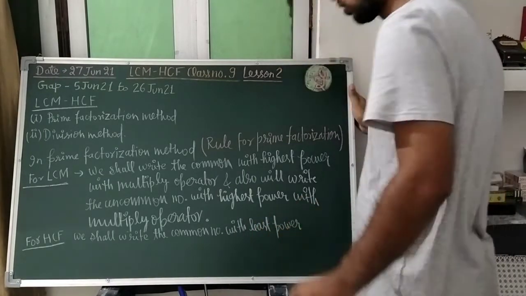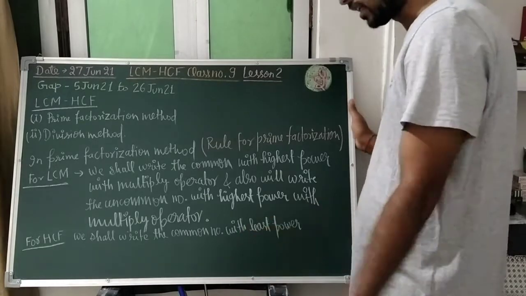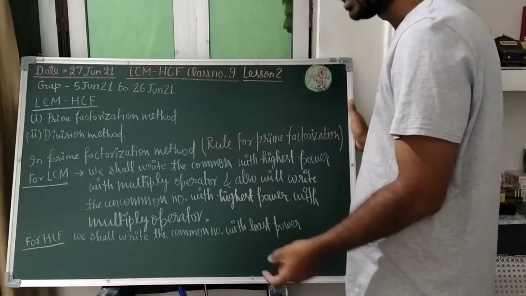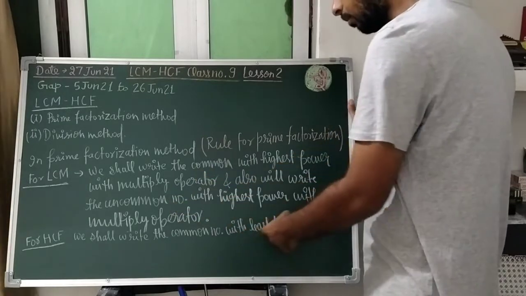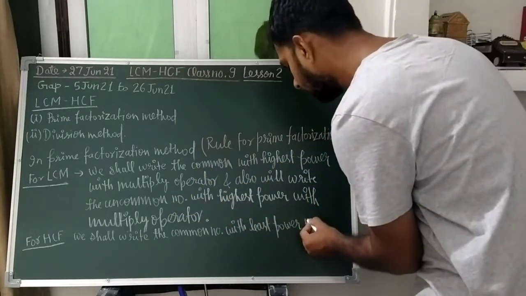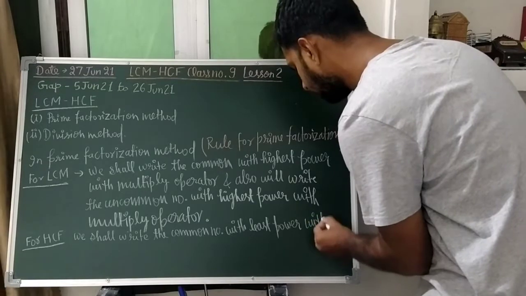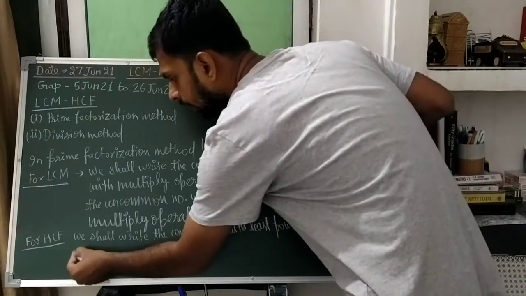HCF, highest common factor. So in the prime factorization method, we shall write the common number with least power with multiply operator.